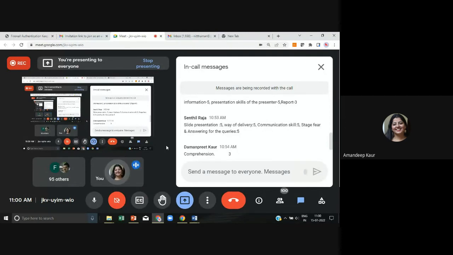How the student is presenting information, that is the way of delivery and stage fear. So हम कितने नंबर दे रहे हैं communication skill को? 5 marks, 5 marks and then 2.5 marks. So 12.5 marks is just for the presentation skill.